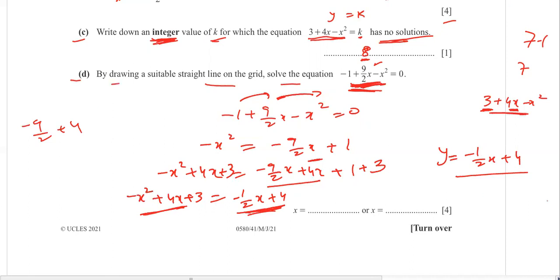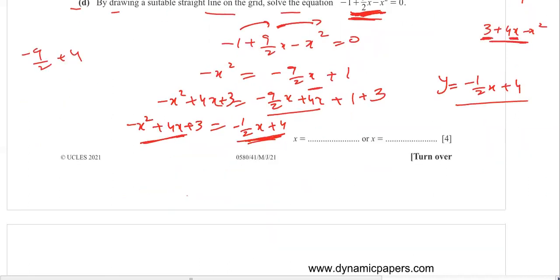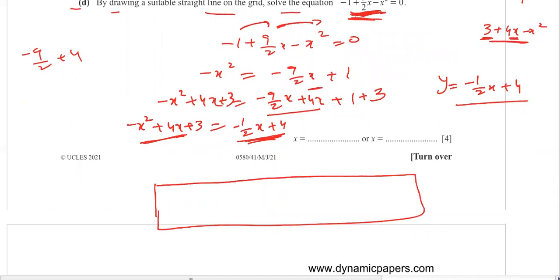Let's draw this one. To draw this one, you need to make a table here. A simple table you can make for 2, 3 values. Just write x here, y here. So let's take 0, minus 1, 1. These values will be enough for me. Once I have them, then I can easily draw. Put x equal to 0, you will get y equal to 4.